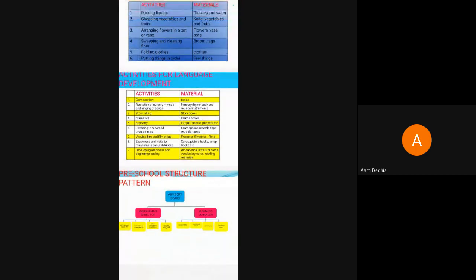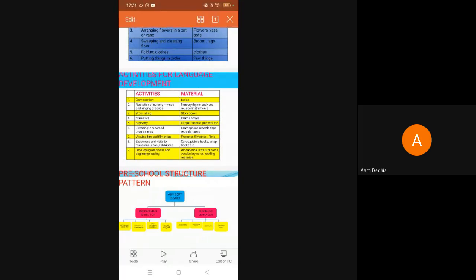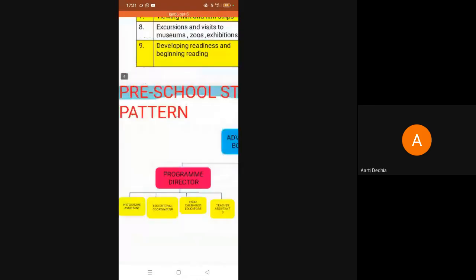The program director, for the help of the program director there are program assistant, educational coordinator, early childhood educators, and teacher assistant.